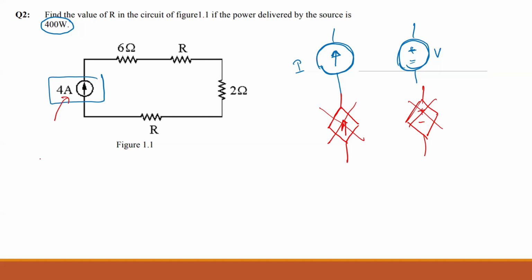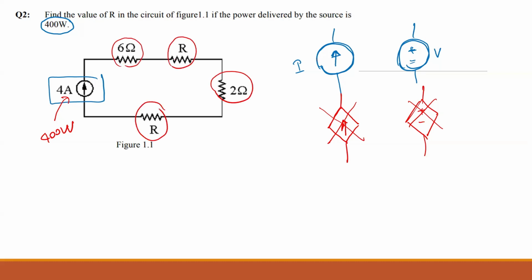And they are saying this one is giving a power of 400 watts, and they are asking us to find the value of R. When you consider the power supplied by the source, that total power is consumed by these 4 elements.